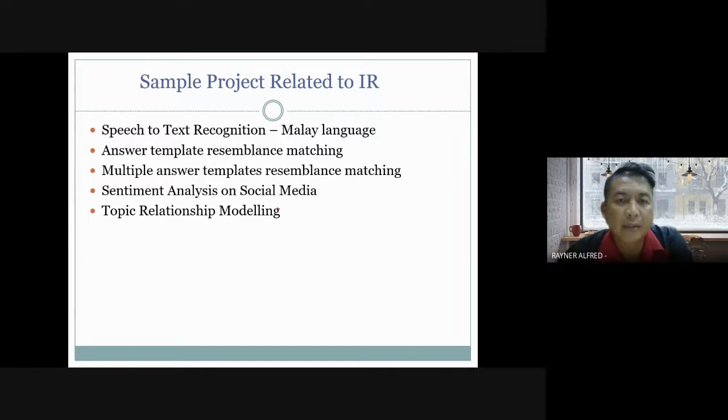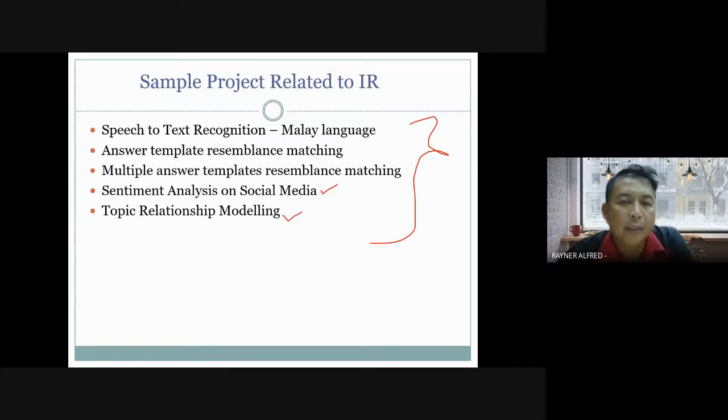Okay, these are some of the projects. Speech to text recognition, answer template resemblance matching. Before your time, your seniors have done some of them. Okay, sentiment analysis on social media, topic relationship modeling.